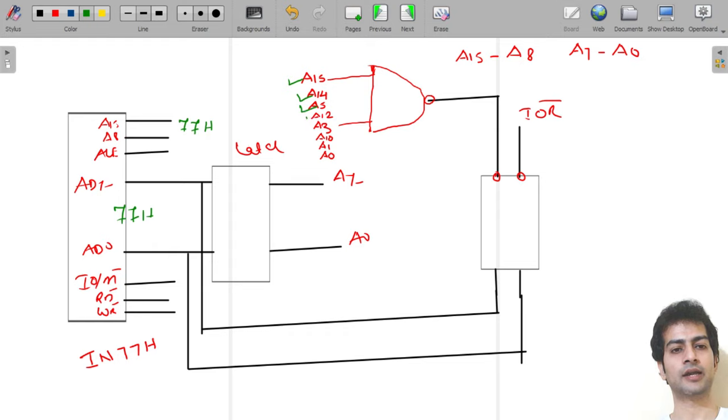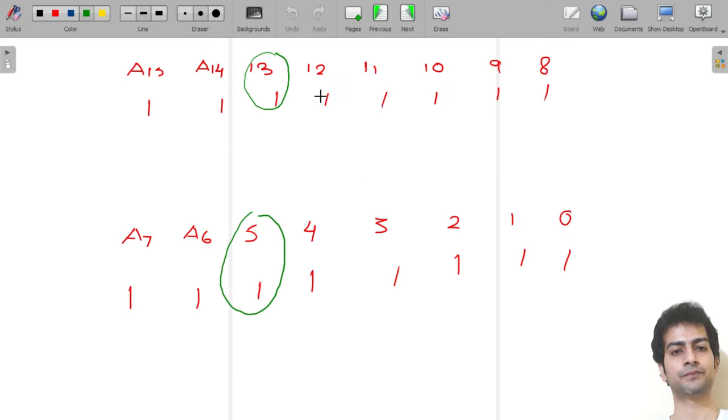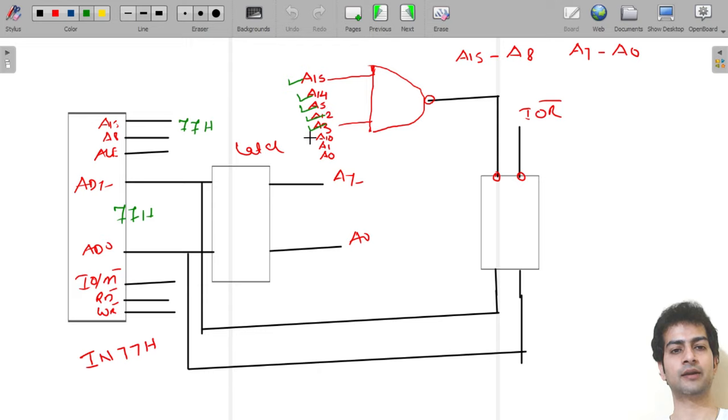Now again A12, then I have connected A3. Now see what is the value at A11 and A3. It is the same. So will it make any difference if I connect A3 instead of A11? No, it will not make any difference. Then it is A10 and then A1 and A0.